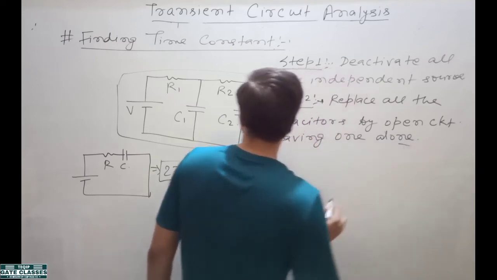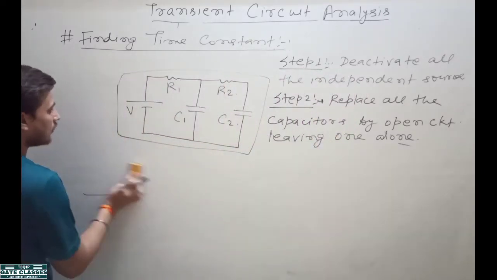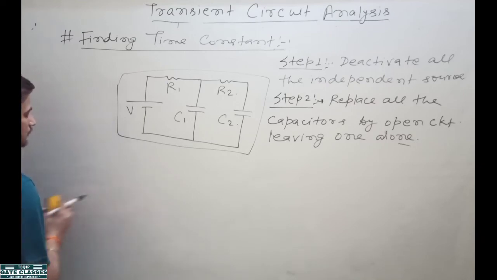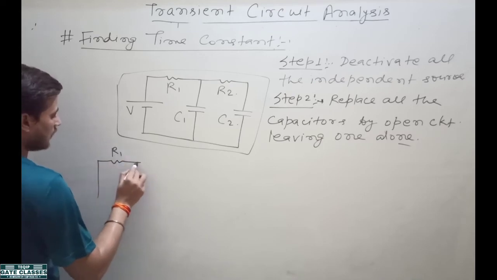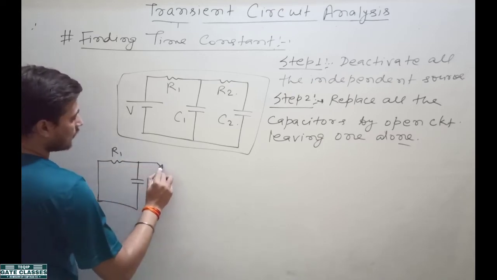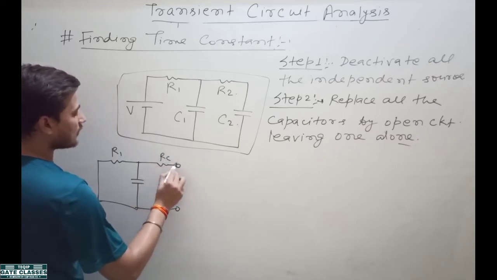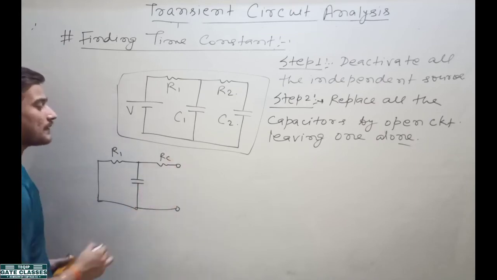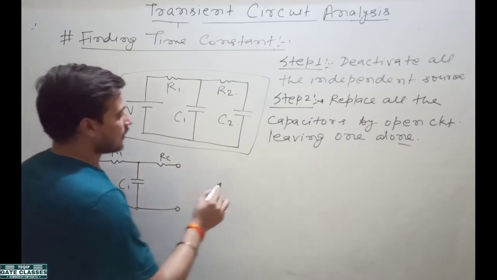It means first let us deactivate the voltage source. Let us have the capacitor C1 and we are deactivating the capacitor C2. So we have deactivated the capacitor C2 by open circuit. This is C1.